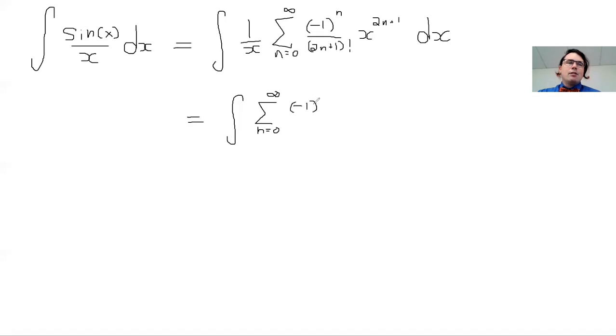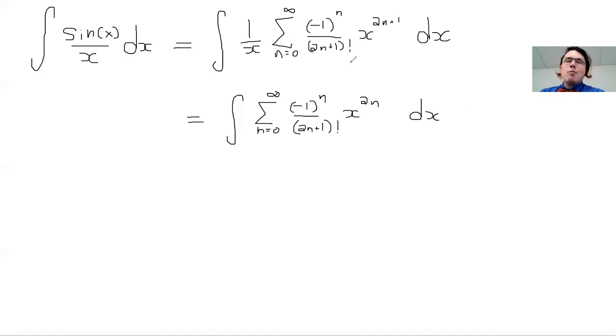Now, in my sigma notation, the coefficients are going to be the same: -1 to the power n divided by 2n plus 1 factorial. But because I divided through by x, I'll just have x to the power 2n.